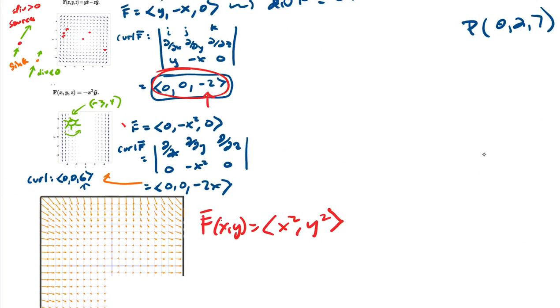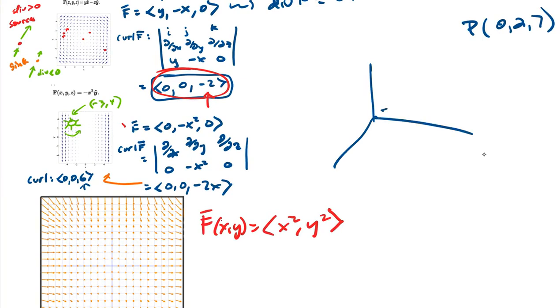If you're looking at this in 3D, your curl vectors point up on the left of y. This is the y-axis, x-axis, z-axis, and they point down to the right of y. So study that if you want. All right.